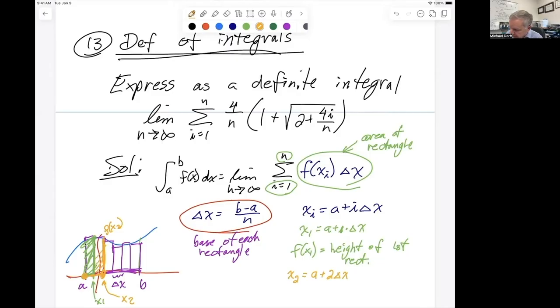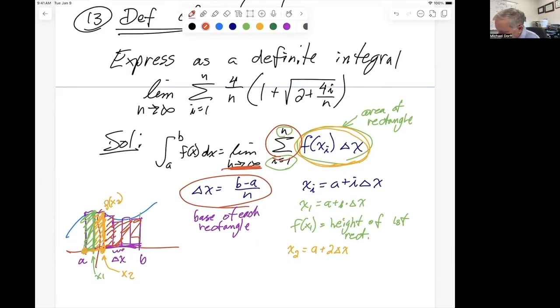And so this, when i is 2, is going to be the area of my second rectangle. And because I'm summing these, I'm adding up all the areas of the rectangles together. And then as n goes to infinity, I'm getting more and more rectangles in there, so we get the area under the curve. Okay, so that's the definition of that.